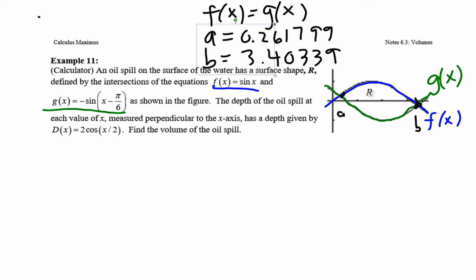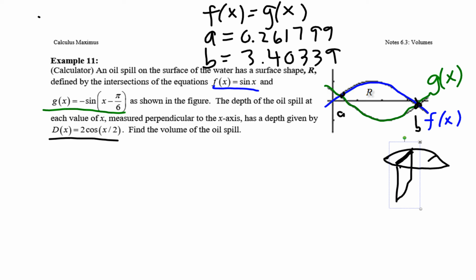Okay, so an oil spill on the surface of the water has that shape and it's given by region R there. So the depth of the oil spill is measured perpendicular to the x-axis. So it's kind of like we have this shape on the top of the water. And to find the area, we're going to do this times our depth, whatever that is. The depth is given by this equation.